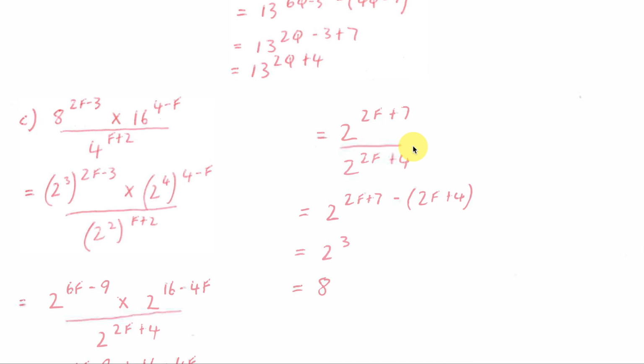We've got a division taking place. Same base, so now we can do a subtraction, so it's the top power minus the bottom power, and I put that in brackets. So 2f take away 2f is 0f, and then 7 take away 4 is 3, and of course 2 to the power of 3 is 8. So we go from this complicated expression for C to just 8.